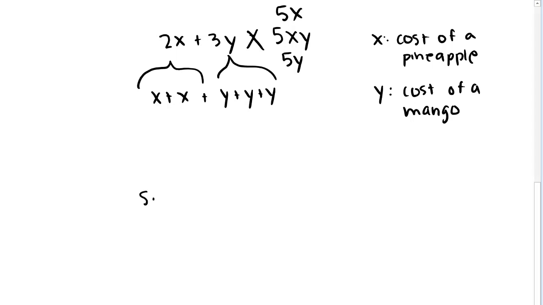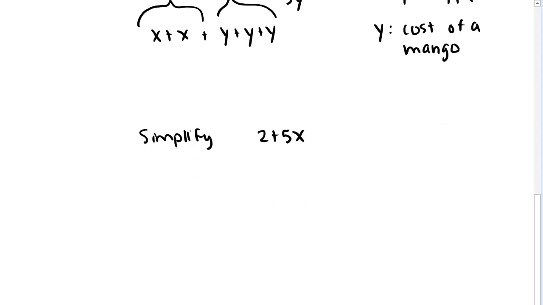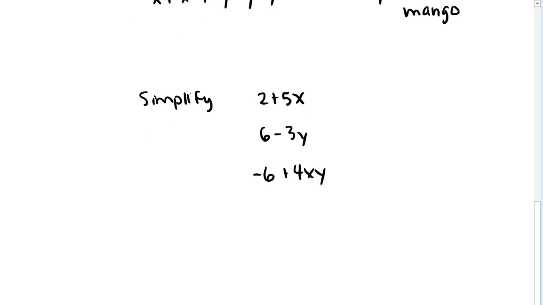And so if you were asked to simplify something like 2 plus 5x, where we have unlike terms, or 6 minus 3y, negative 6 plus 4xy, I'm just showing a bunch of examples of non-like terms being added or subtracted together. Well, here, you just wouldn't add the 2 and the 5, or the 6 minus the 3, or the negative 6 and the 4.